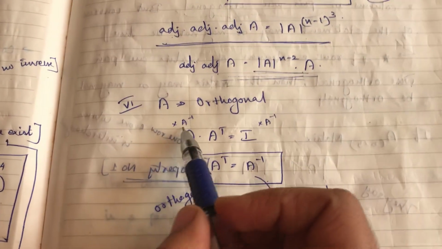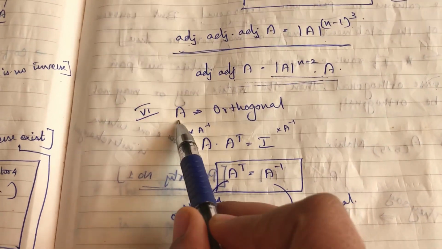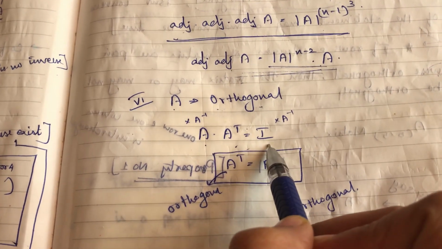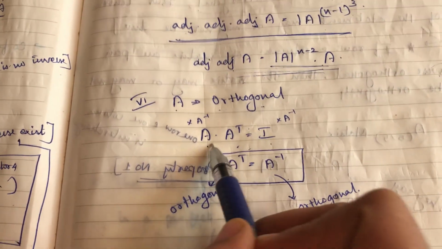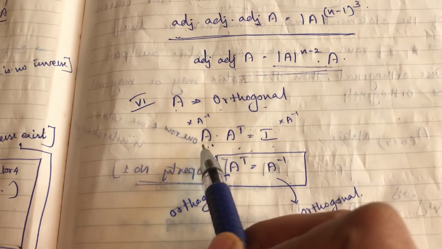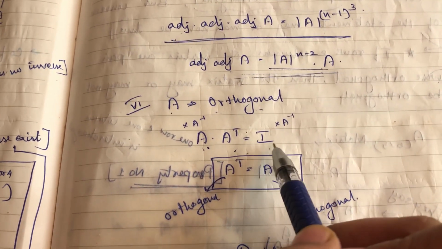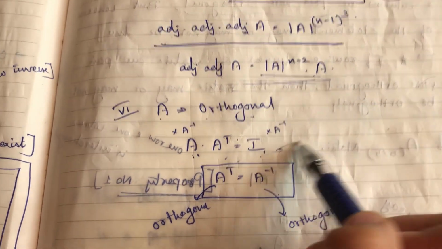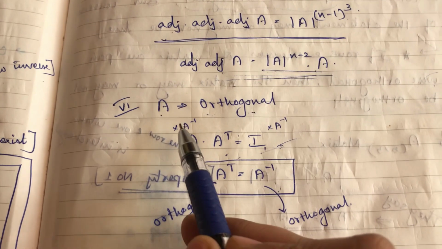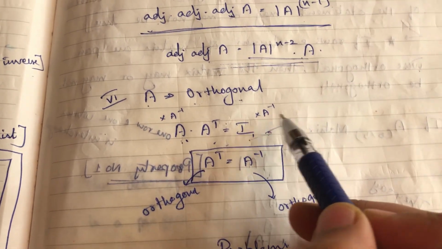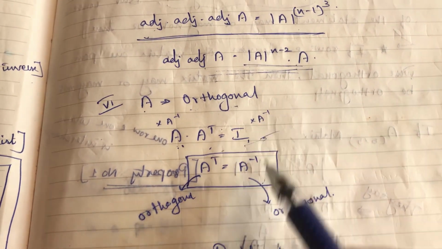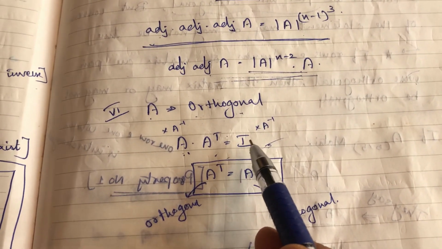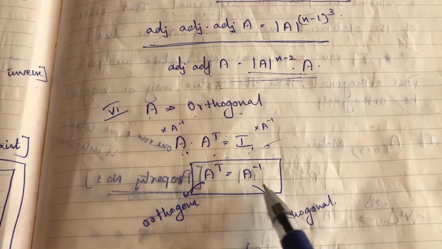So I have already told you, if A is orthogonal, the condition is A into A transpose is equal to I. A into A transpose will give I only when A is an orthogonal matrix. So from this formula we can get another thing, just multiply by A inverse. So I into A inverse is A inverse. So 1 into A inverse is A inverse, right?